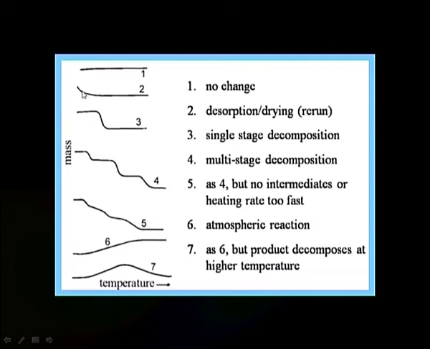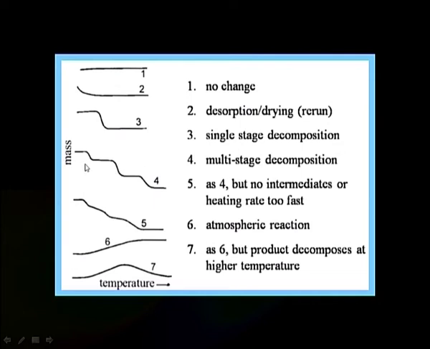Second, here you can see there is almost exponential decay, which means that the sample is showing desorption or drying nature. The third one is initially constant, followed by a decrease and then again constant, which shows single stage decomposition of the substance.